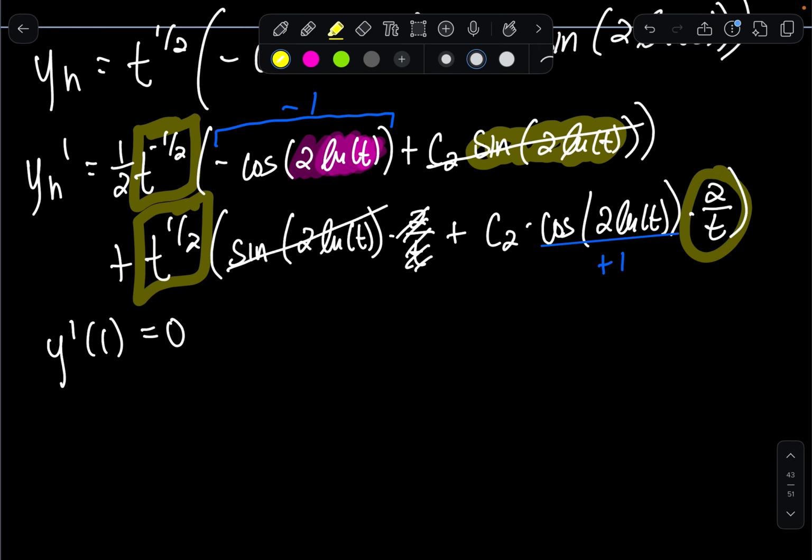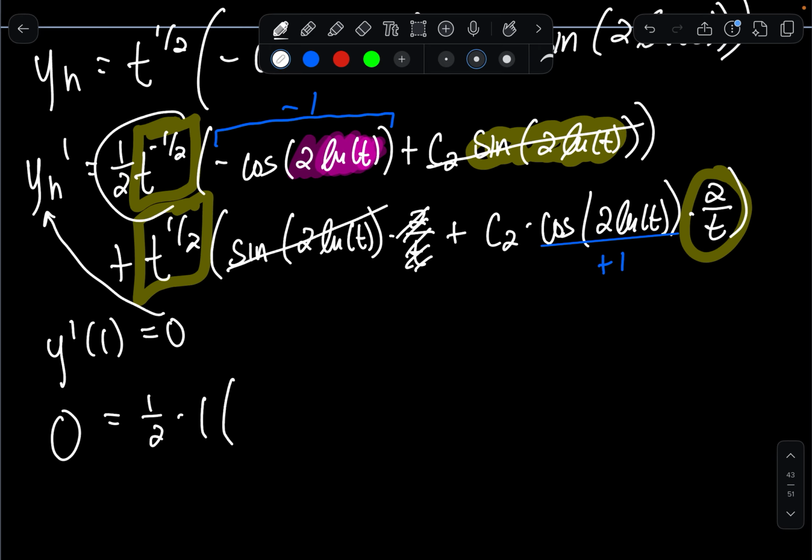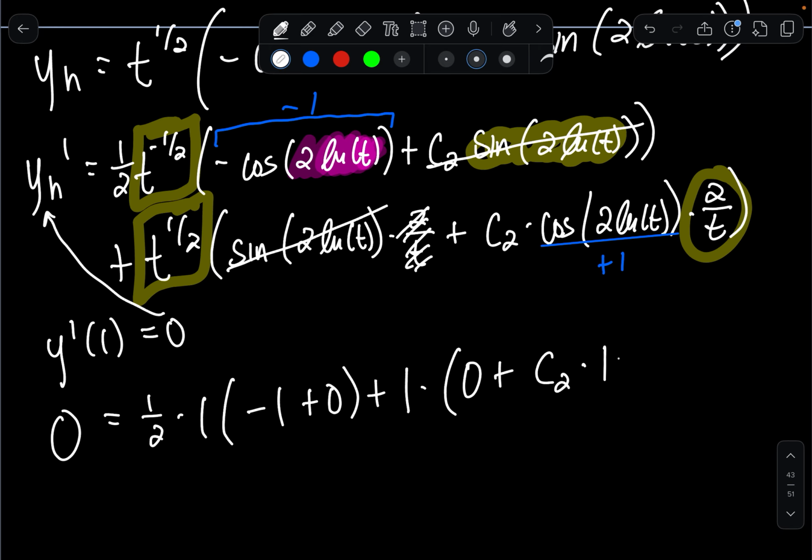So I think we're in good shape to now just plug in the value. The derivative is 0. And what do we have here? We have 1/2 times 1, that's this piece, times negative 1 coming from the cosine, plus 0, that's the sine, plus, now we're looking at this part here. The t to the 1/2 in the front is just a 1, and in the parentheses, this is 0, plus c2 times 1 times 2 over 1, which is just 2.